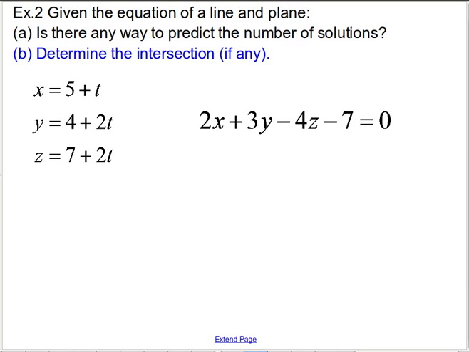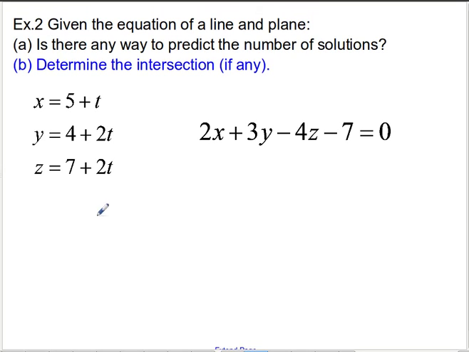We want the dot product between the normal vector of the plane and the direction vector of the line. Here is our line and here is our plane. Can we get the normal vector?